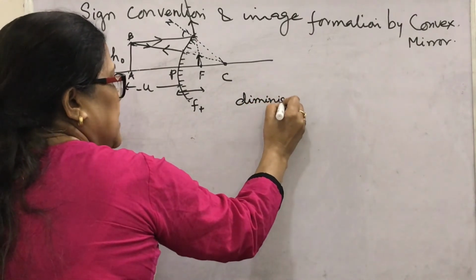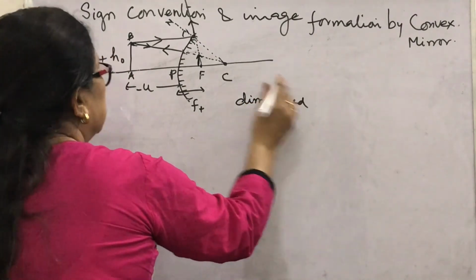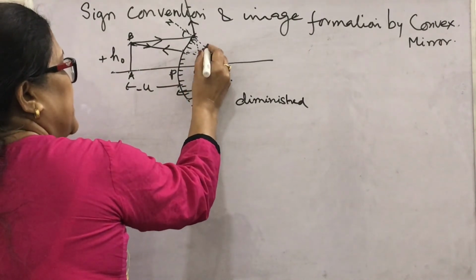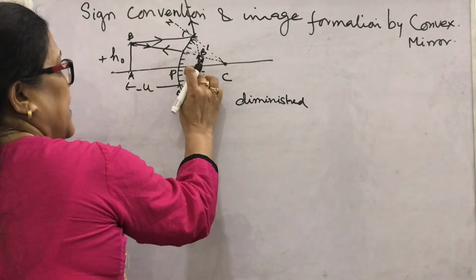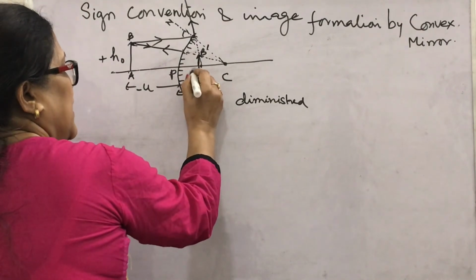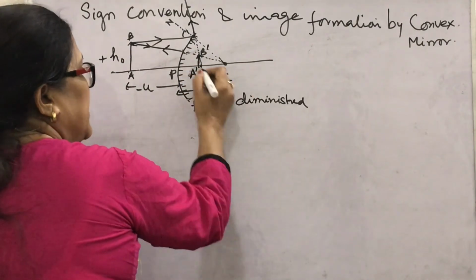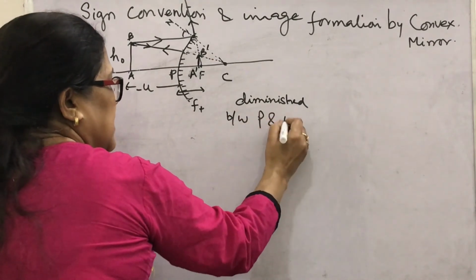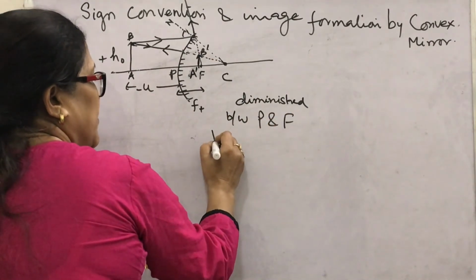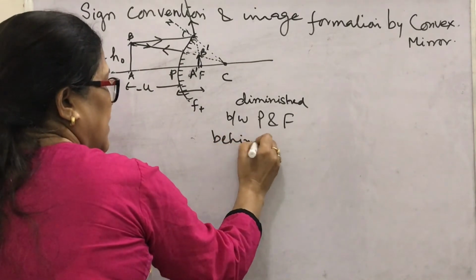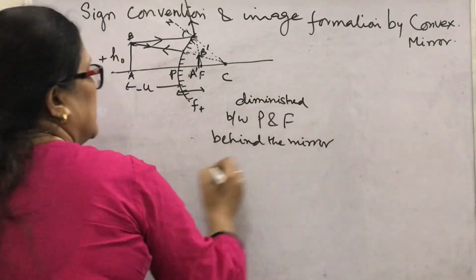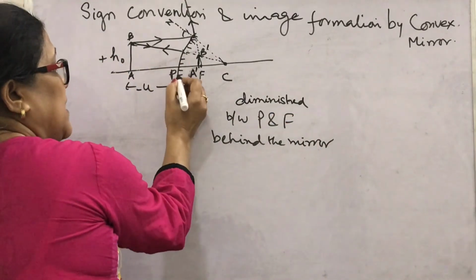Diminished means smaller than the size of the object. This will be A dash, B dash, between pole and focus, and behind the mirror. What will be its distance?